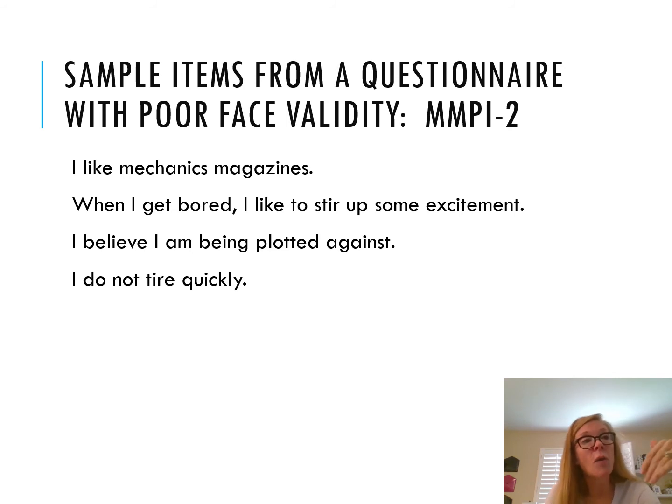So what kinds of patterns do we see, for example, in schizophrenics? How do they answer these items? How do people diagnosed with depression answer these items? How do people diagnosed with anxiety, which on the test is called psychasthenia, answer the questions? And on and on and on. So they were known groups, and they looked for patterns in those groups.